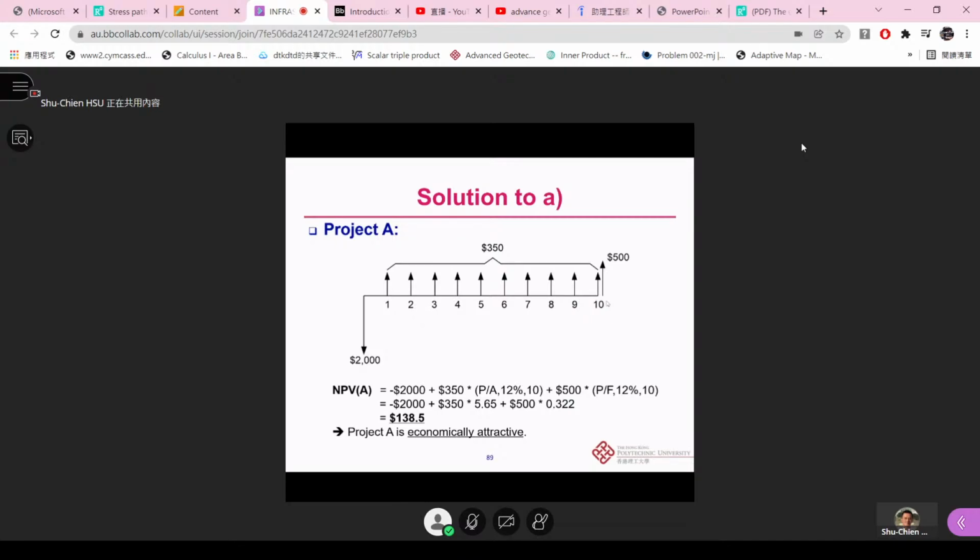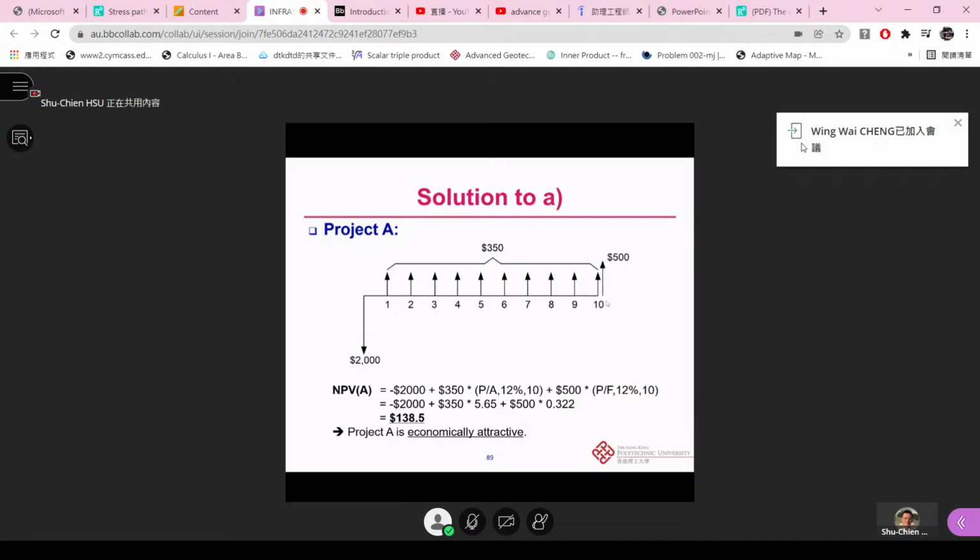I assume all of you now know how to utilize the compound interest table, so we can directly find the values. We have negative 2,000 plus 350 times 5.65 plus 500 times 0.322.